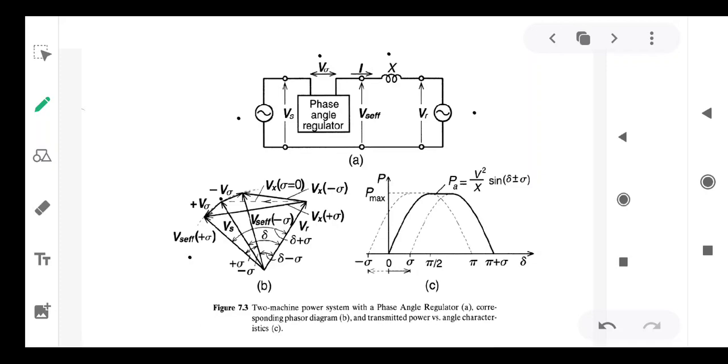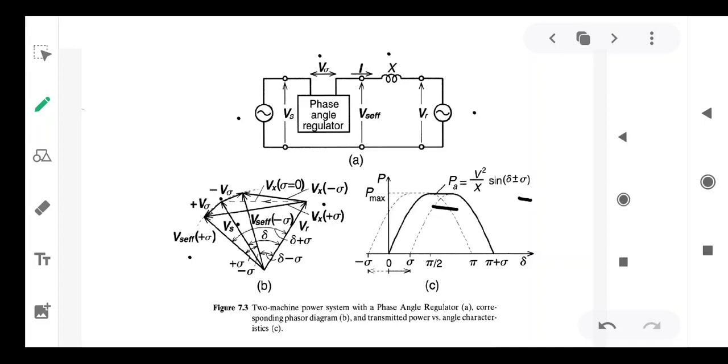Here this Vs effective with positive phase angle control plus sigma, Vs effective with minus sigma. So this is Vr. The angle between the Vr and Vs is delta. Now delta plus sigma, delta minus sigma, both can be provided, such that in the power angle curve the stability region can be enhanced with plus or minus sigma, that is phase angle control.